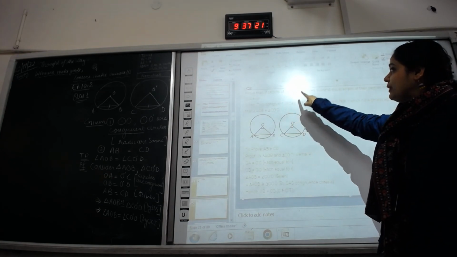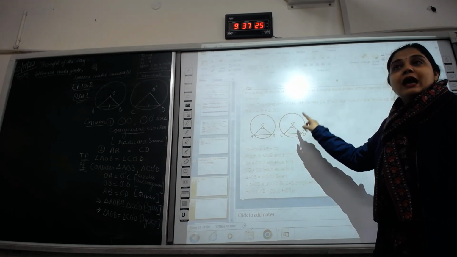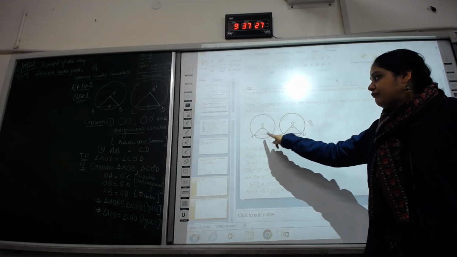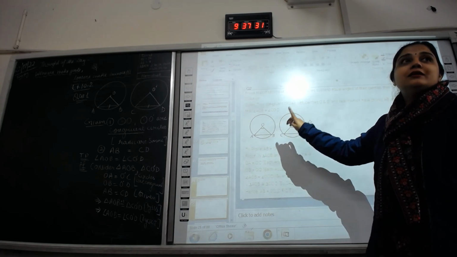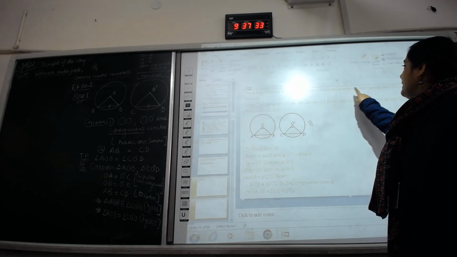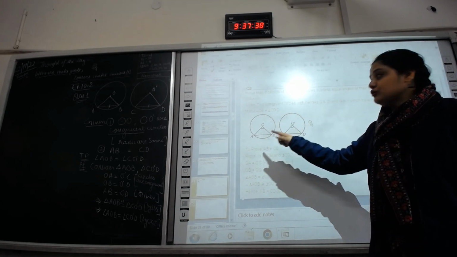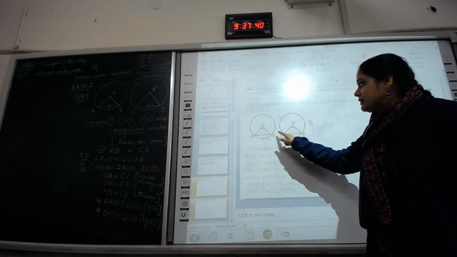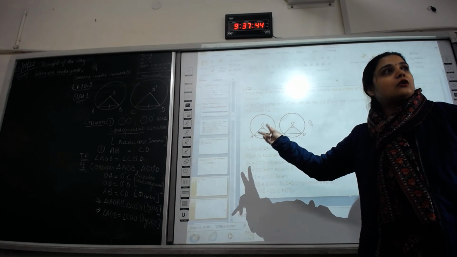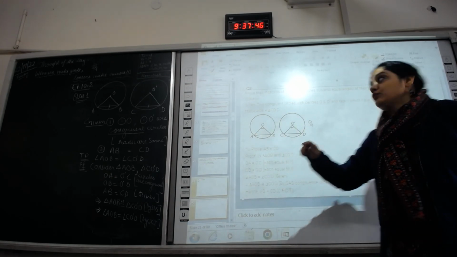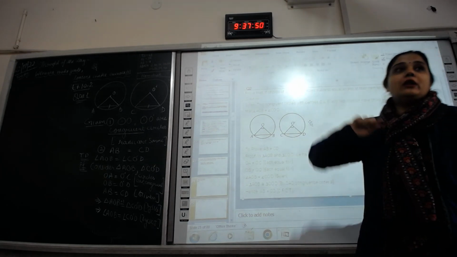That means again we are talking about two congruent circles, and these two circles have two different chords, and nothing is given about the chords other than the fact that these chords are subtending equal angles at the center. That means now it is given to you that angle AOB is equal to angle CO dash D, and the circles are congruent. That is also given to you. Then the chords are equal.